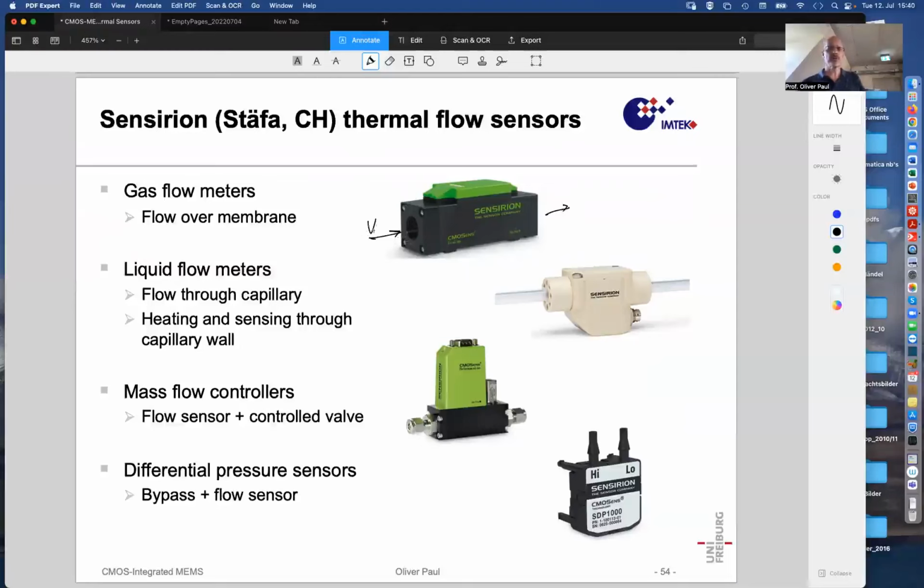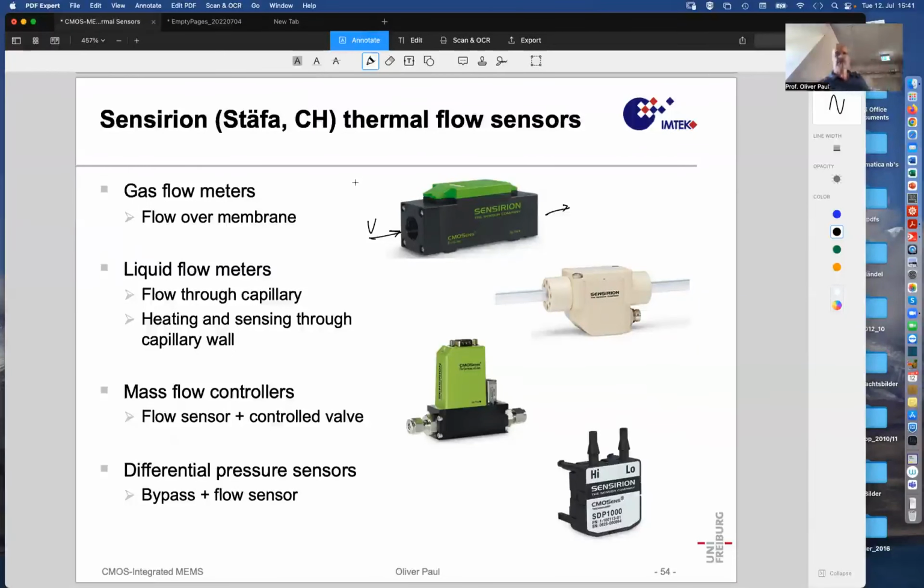And actually, it's not the velocity; it's the mass flow, the amount of gas mass that flows, when one knows what the gas is. These flow meters are not mass flow meters really, but you can use them in operation modes where you can also detect what is the density of the gas, and therefore get independent of the gas.